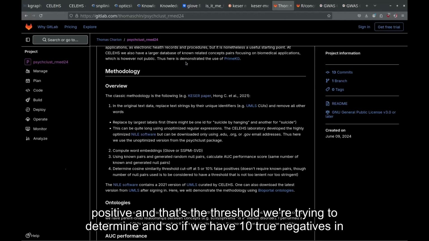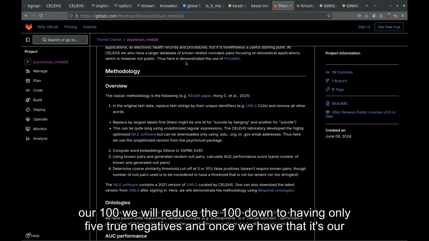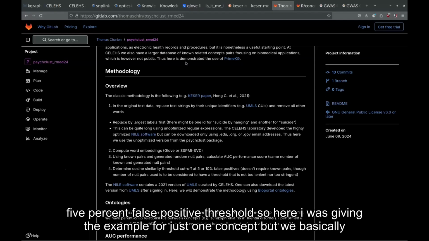And that's the threshold we're trying to determine. And so if we have 10 true negatives in our 100, we will reduce the 100 down to having only 5 true negatives. And once we have that, it's our 5% false positive threshold.